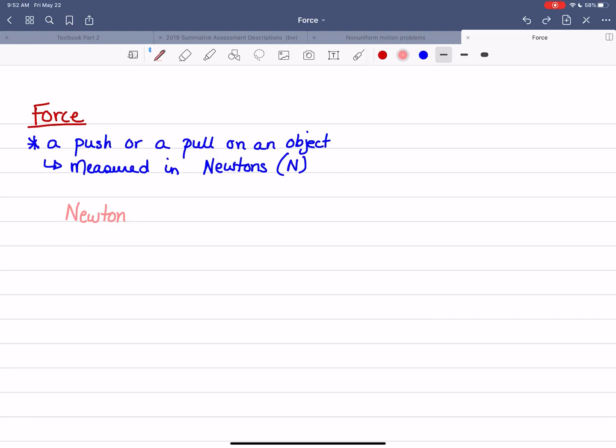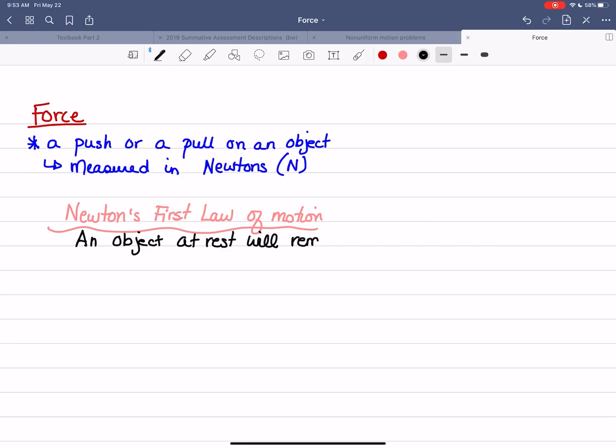So when we look at Newton's first law of motion, we see that what he said was an object at rest will remain at rest unless acted upon by a force.